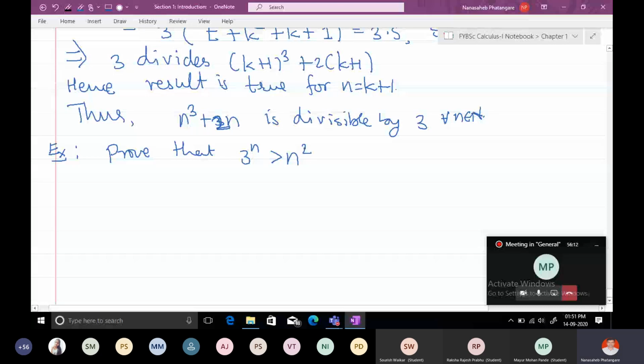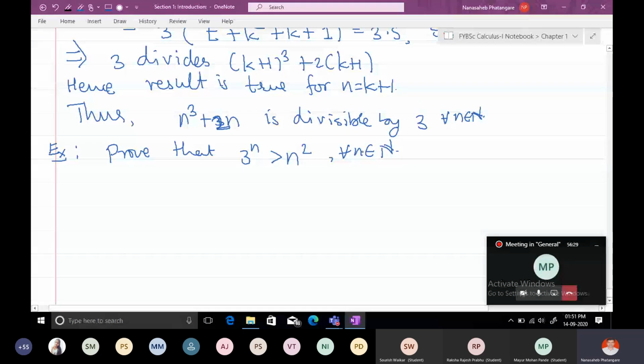For example, n is equal to 1: 3, and what is n square here? 1. So it is true. n is equal to 2, then it is 9, and here 4. So for all natural numbers, you can prove it.